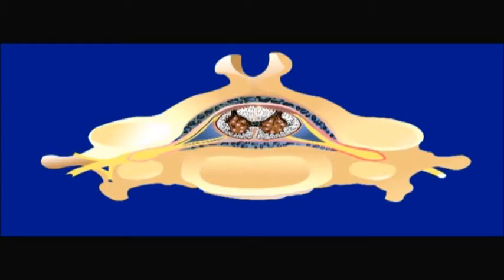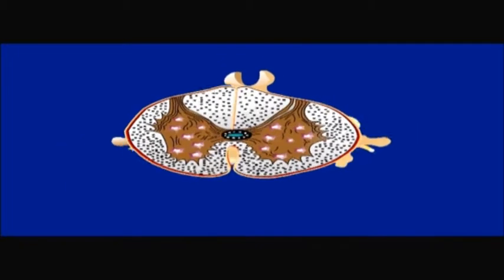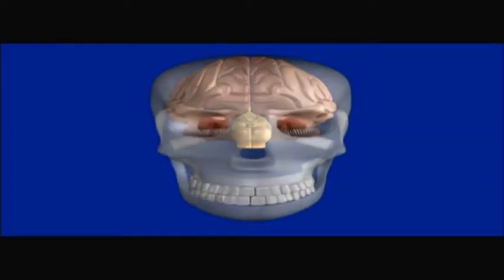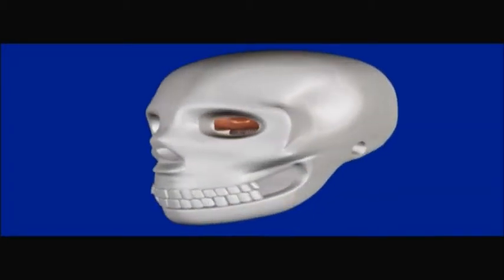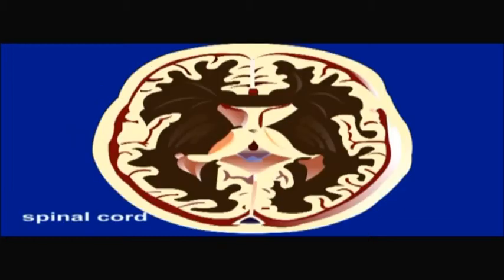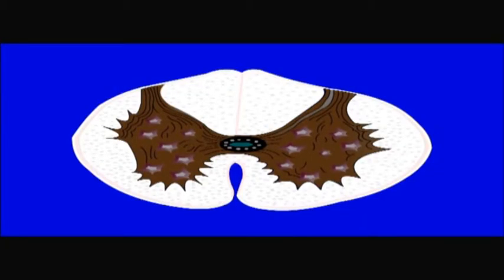This means the vertebrae of the vertebral column protect the spinal cord from injuries, like the cranium protects the brain. Unlike the brain, which has grey matter outside and white matter inside, spinal cord has white matter outside and grey matter inside. The grey matter is butterfly shaped or in the shape of H.